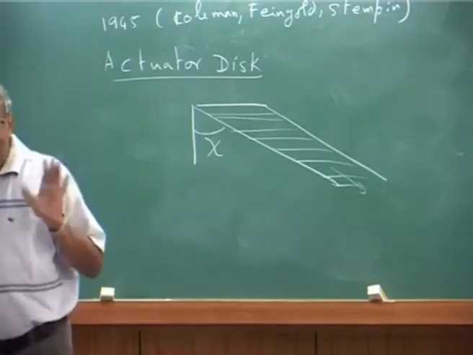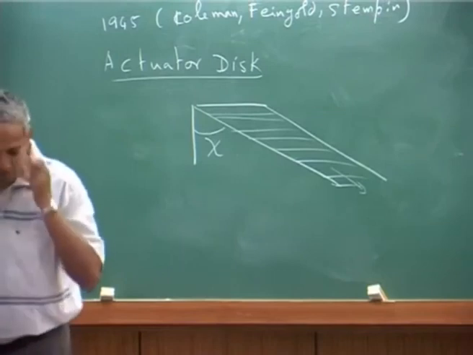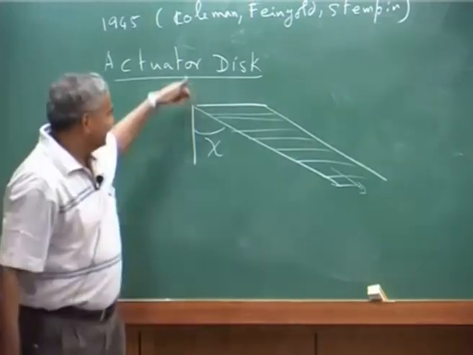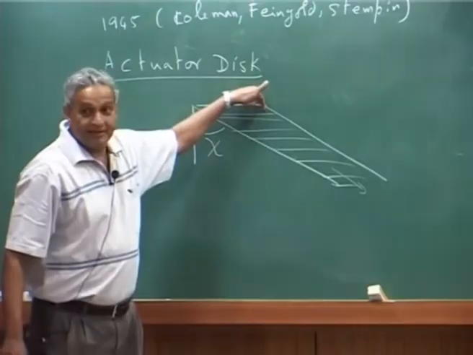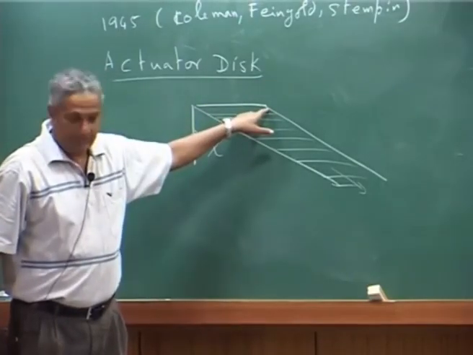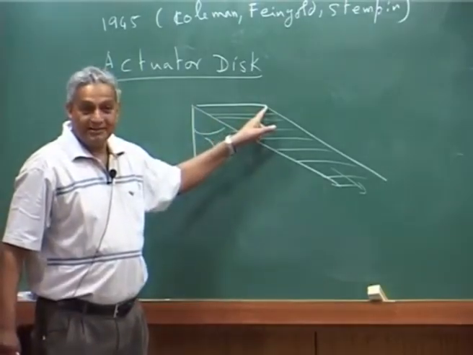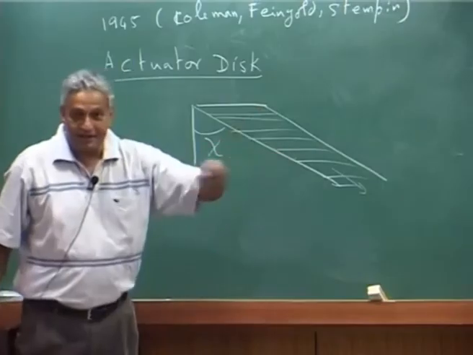I am leaving it, just giving it in terms of a closed form expression for the inflow variation along the rotor, only in the fore and aft direction.